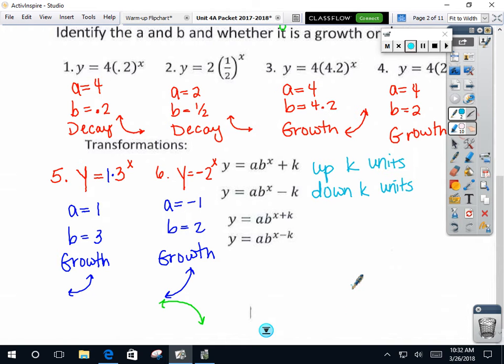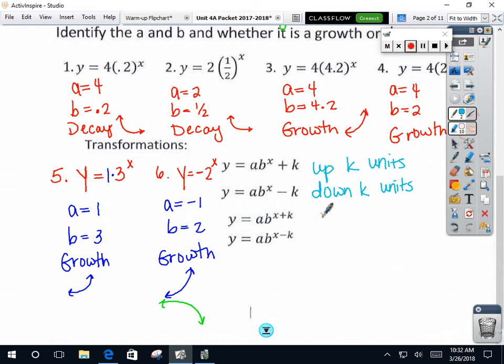Okay, now think before you spit this out. What do you think is going to happen when this is part of the exponent and it's x plus k? Remember, this is up, down, so these must be horizontal shifts. These are vertical shifts. These are horizontal shifts. Which way is this going to shift it? Left.